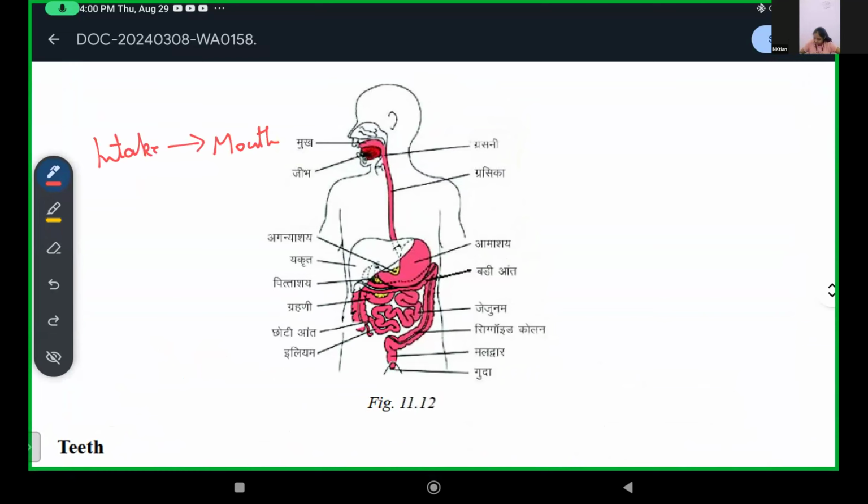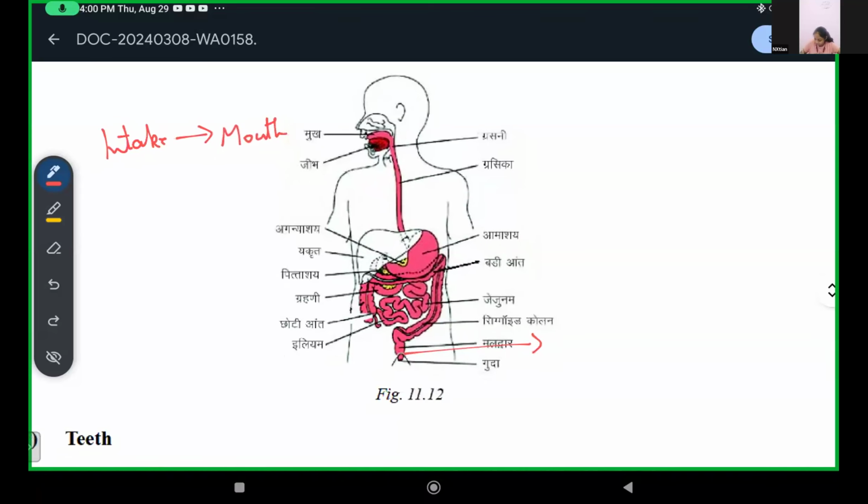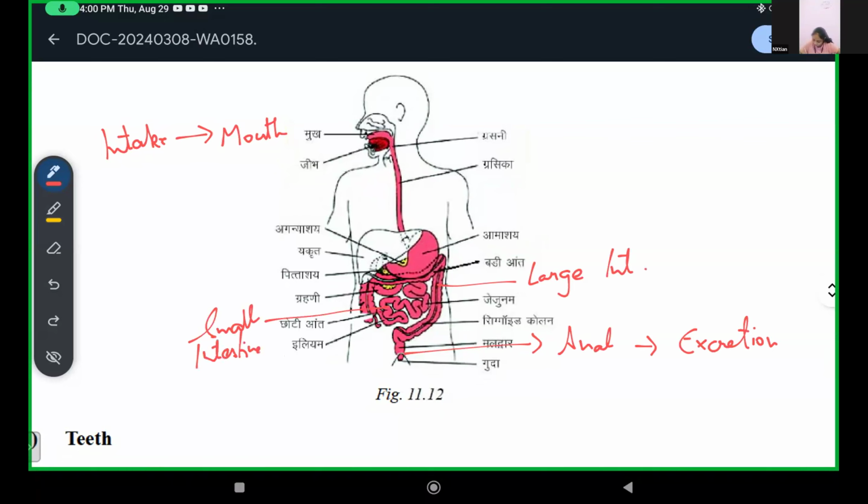And here is the anus, where the excretion takes place. We have the large intestine, and the small intestine, the stomach, the food pipe.